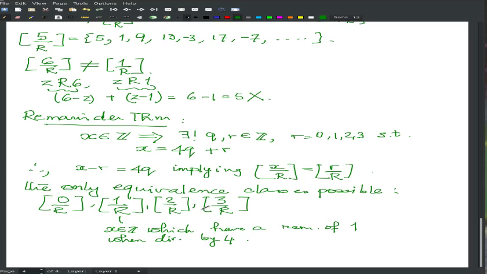Remainder of 2. So we know that when you divide by 4, the remainder would be either 0, which means that it is actually divisible by 4, or it would have a remainder 1, or remainder 2, or remainder 3. And clubbing these numbers which have remainder 1 gives me this equivalence class.